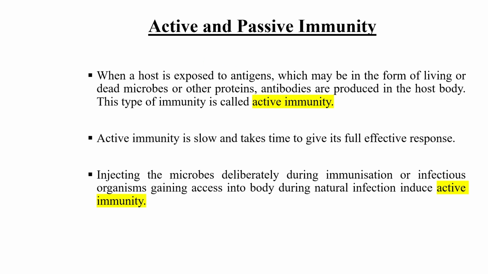When a host is exposed to an antigen directly, naturally, which may be in the form of a living or dead microbe or any protein, after exposure our body actively produces antibody against that particular antigen, and this type of immunity is called active immunity.